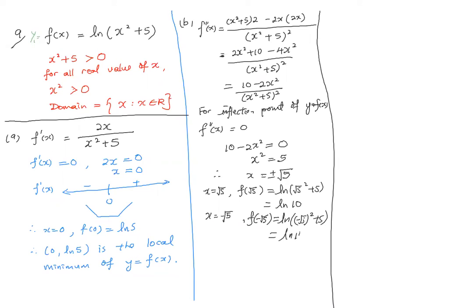Okay, now this is a non-horizontal inflection point. Correct? Because the root 5 doesn't appear here.